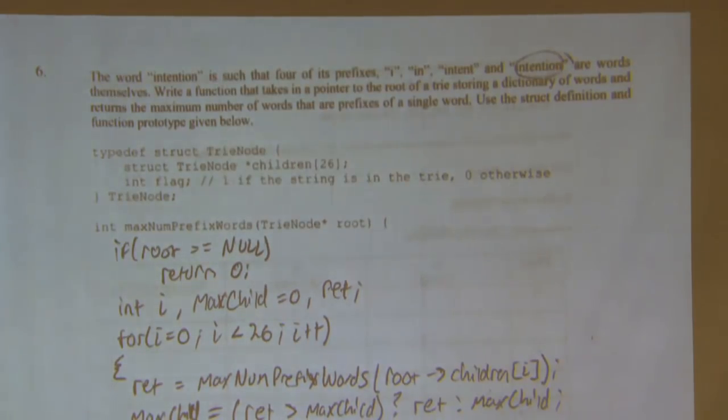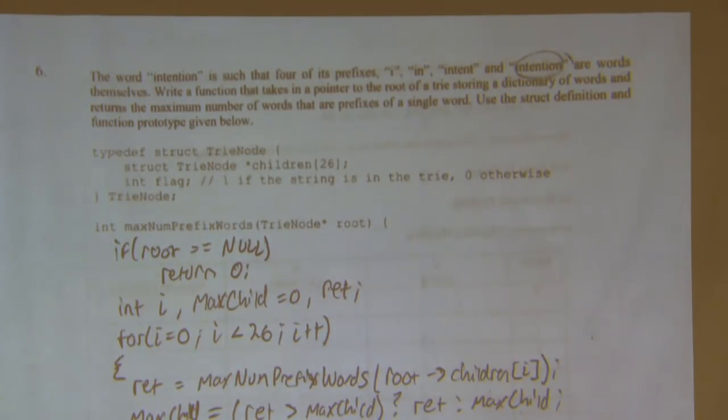What's up? It's not already defined in this dictionary, because if you inserted "in" before you did "intention", then there would be a flag saying there's one count for "in". Then when an insertion came in, it would go down the same line, wouldn't it? So you're just counting up each one.